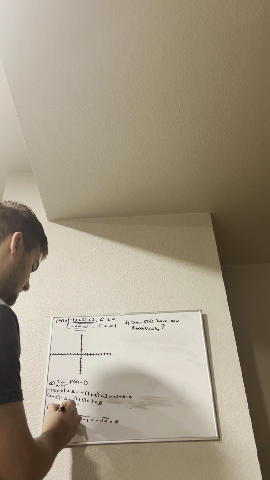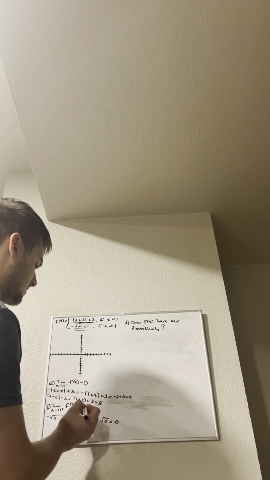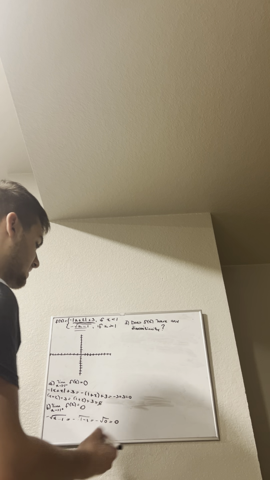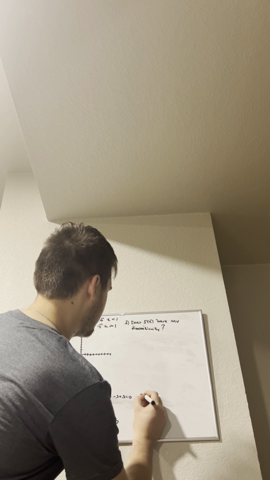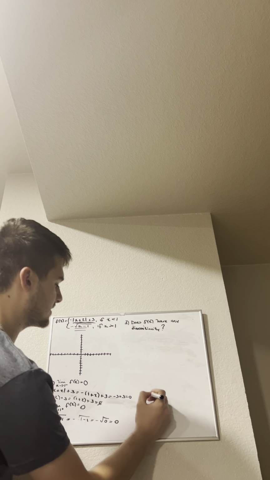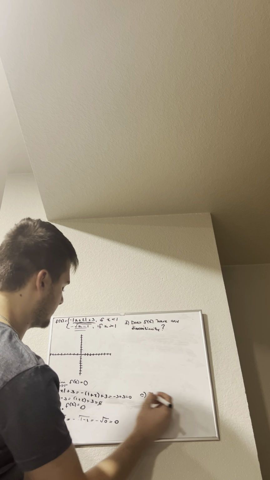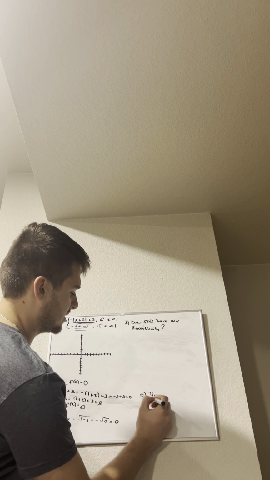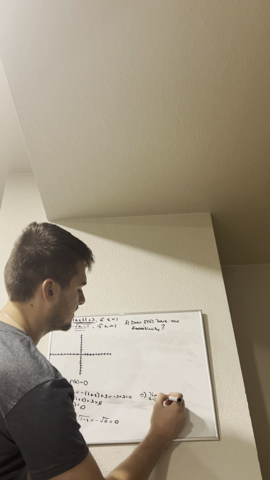So this limit is equal to 0, just like that. And now we also have another limit that I forgot to write earlier, which is the overall limit of x approaching 1, limit x approaching 1, f of x.